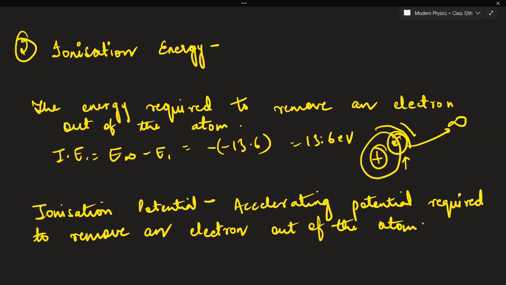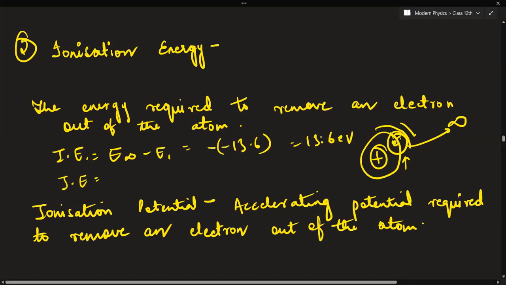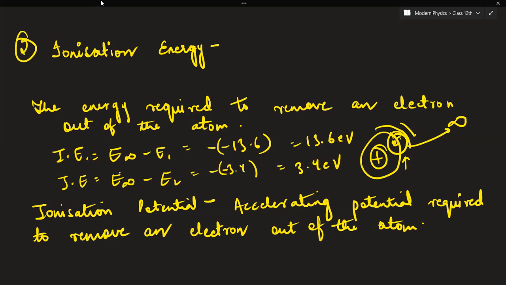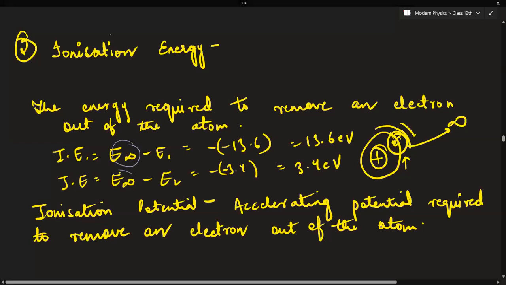If you are removing the electron from the second orbit, that will be E infinity minus E2, and E2 is minus 3.4, so it becomes 3.4 electron volt. So here, which state is fixed? E infinity is fixed, and E infinity is 0.